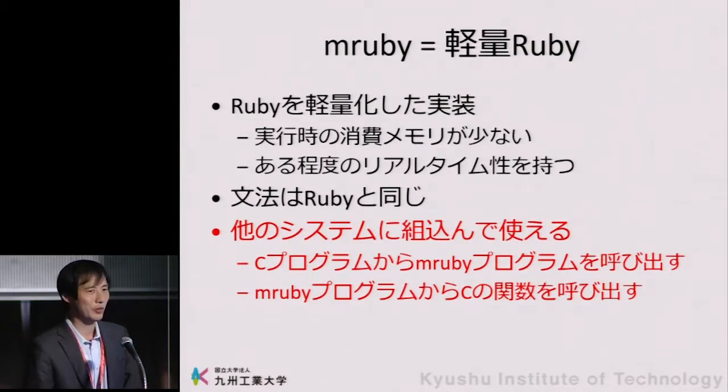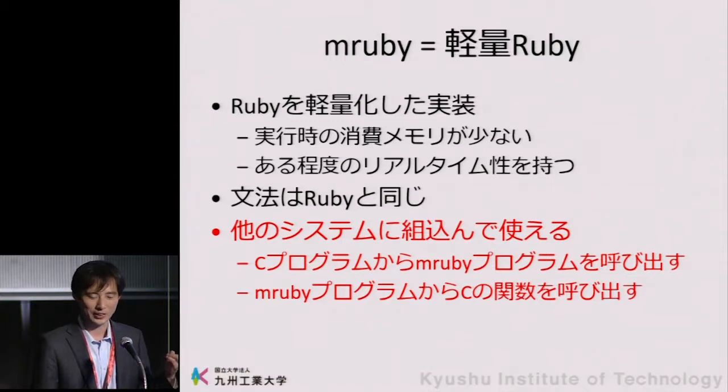So we thought of mruby. We have developed mruby, which is a lighter version of Ruby. The memory of the execution will be minimized, and the real-time feature has to be achieved. These are two issues that we wanted to achieve. And also the syntax has to be the same as Ruby.